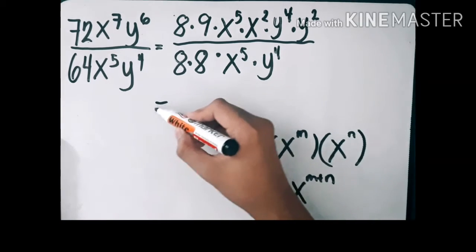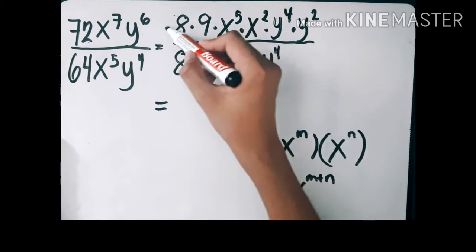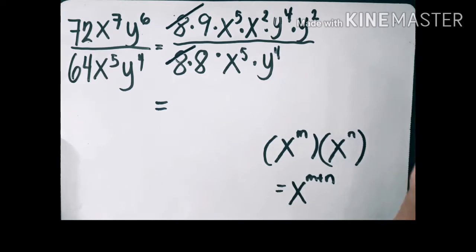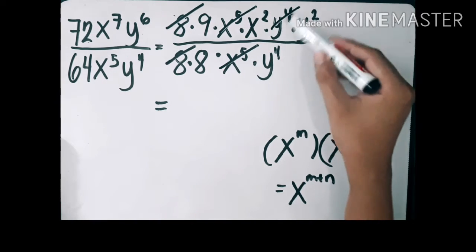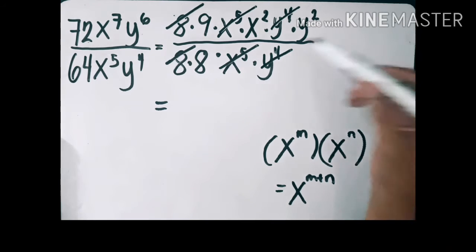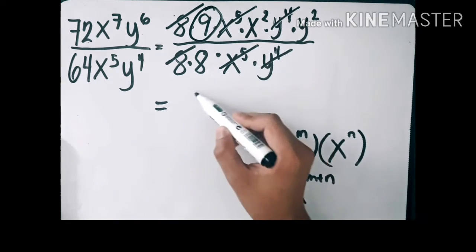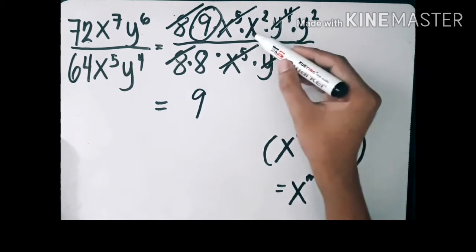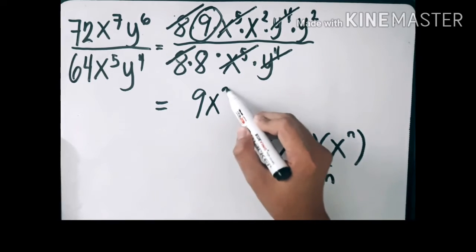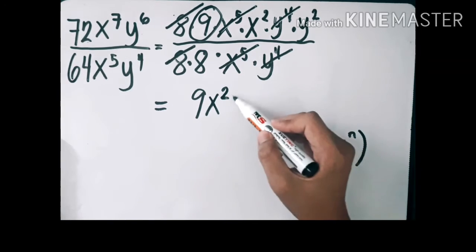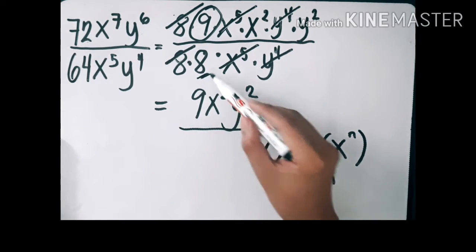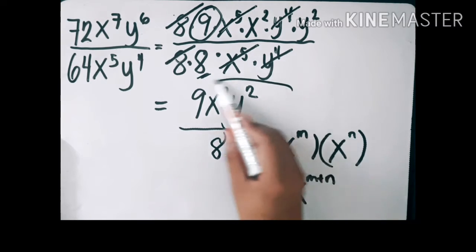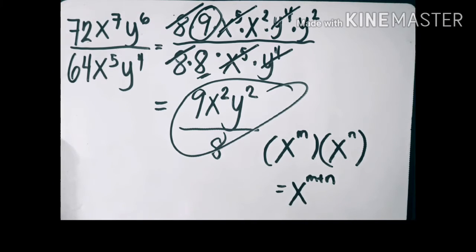So ngayon, simplify na lang natin. Cancel natin yung 8, x raised to 5, y raised to 4. And yung natira na lang is 9, x raised to 2, y raised to 2 over 8. Okay?